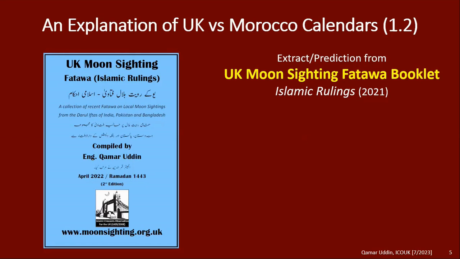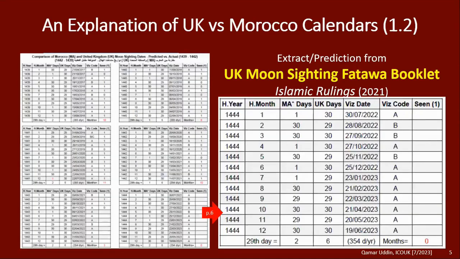So we sent 4 years of data followed by 2 years of prediction, saying these are the dates that we expect to see the moon on the UK horizon, just like we did before. Now, you might be surprised, saying, is this some kind of astrology, that you are sending some jinns to tell you when the moon will become visible?